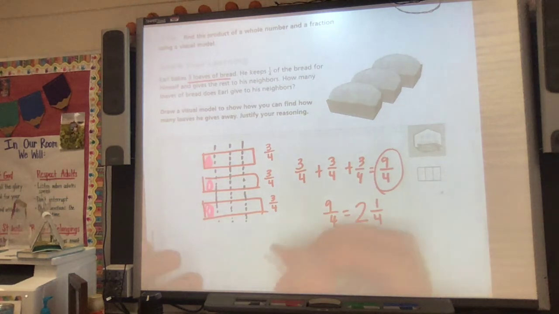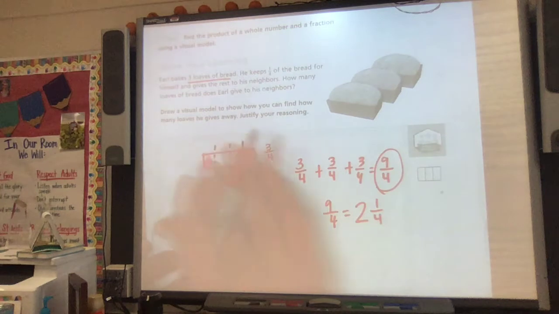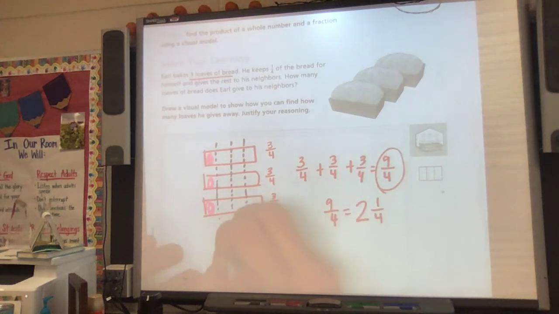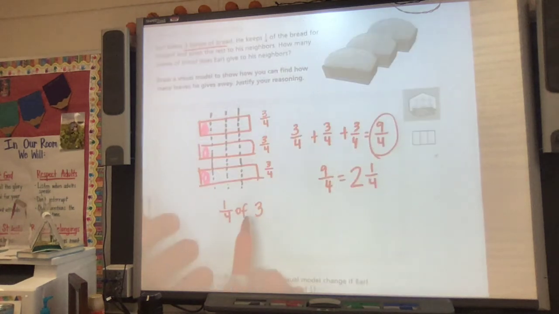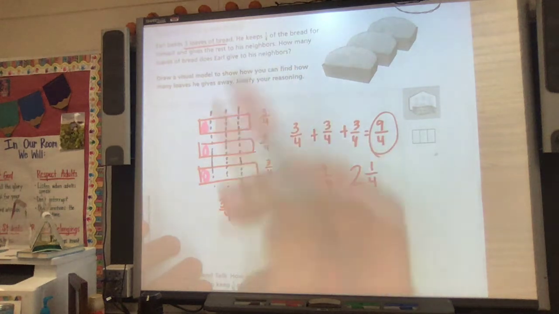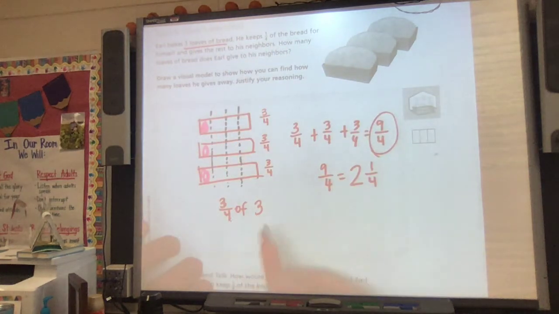Also, when we represented this with a visual model, we were finding 1/4 of the 3. Oh, actually, we found 3/4 of 3. Sorry. 1/4 is what he had, 3/4 is what he gave.